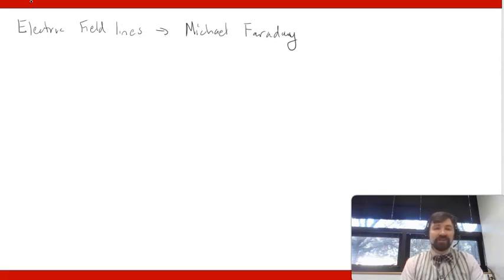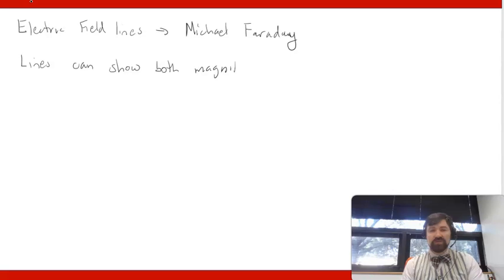The basic idea is that these lines can show basically the magnitude and direction of the electric fields in a region of space. So it shows both magnitude and direction, at least as a representation.